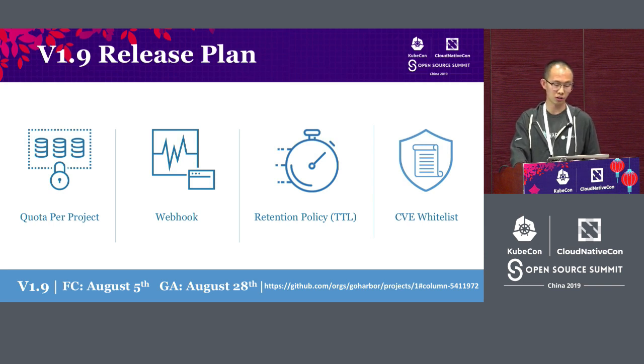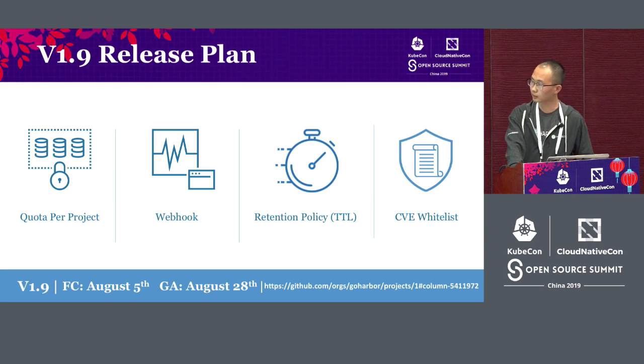And retention policy is a feature for this. Users can define a policy to retain the images they want to use. For example, they want to retain the images pushed within 1 month. So unqualified images will be removed.